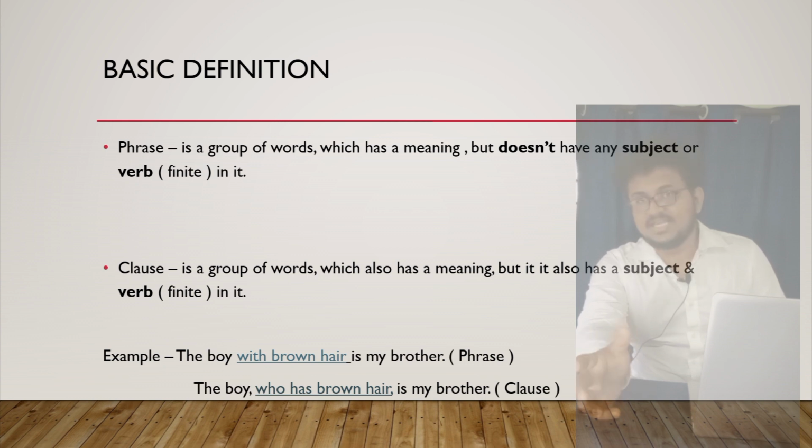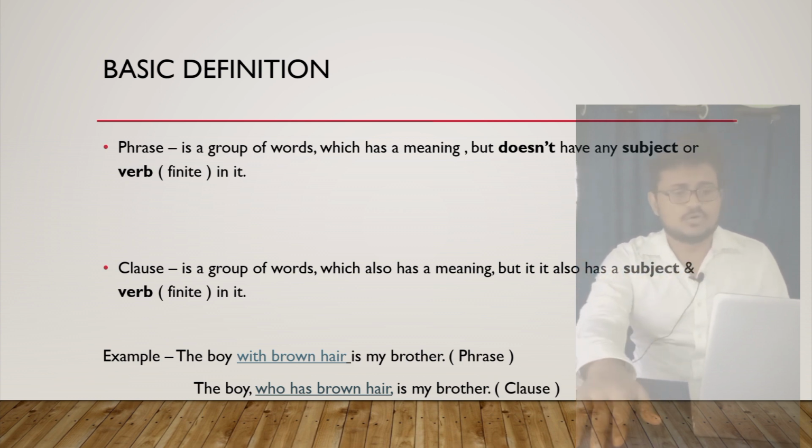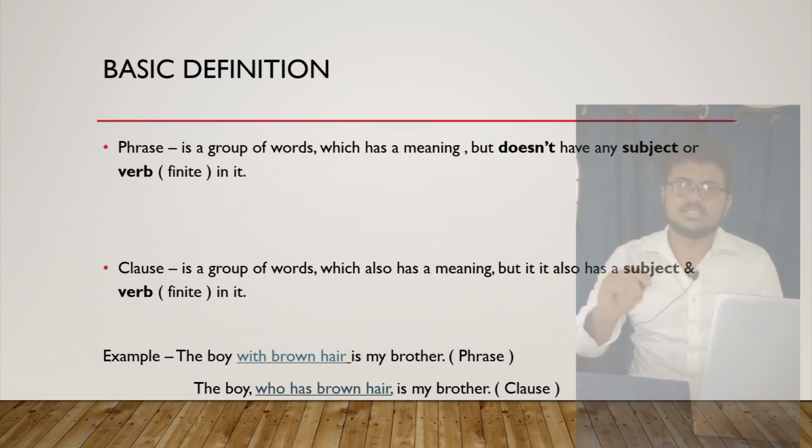Phrase has a different purpose, clause has a different purpose, but we do it to make the sentence more swift, more crisp. In a way, we can make a sentence short, small and crisp using phrases and clauses, right? So first we will start with giving the definition of phrase and clause. What is a phrase and what is a clause?